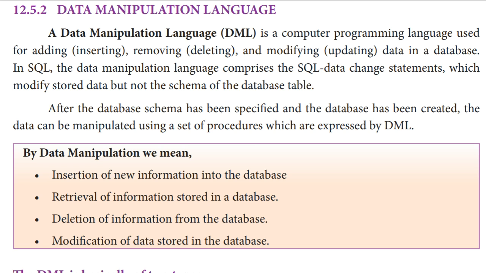After the database schema has been specified and the database has been created, the data can be manipulated using a set of procedures which are expressed by DML. So if you want to do DML operations, first we have to create a table. Once the table and database are created, we can do all these operations in the table.